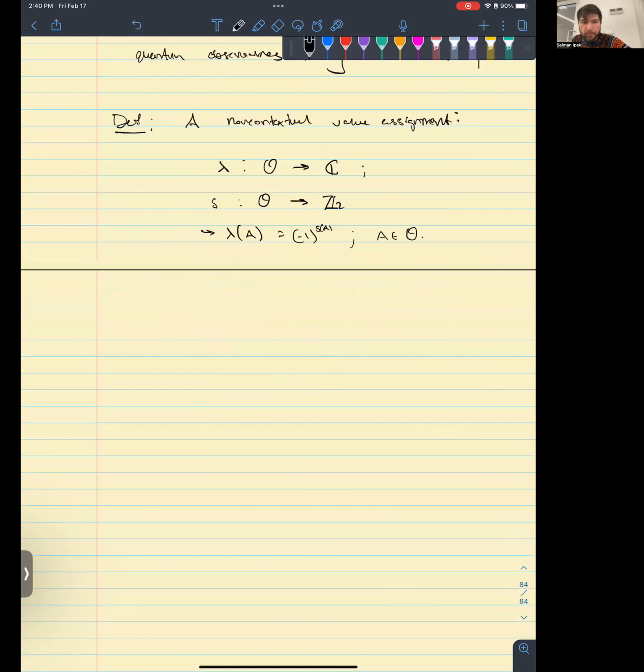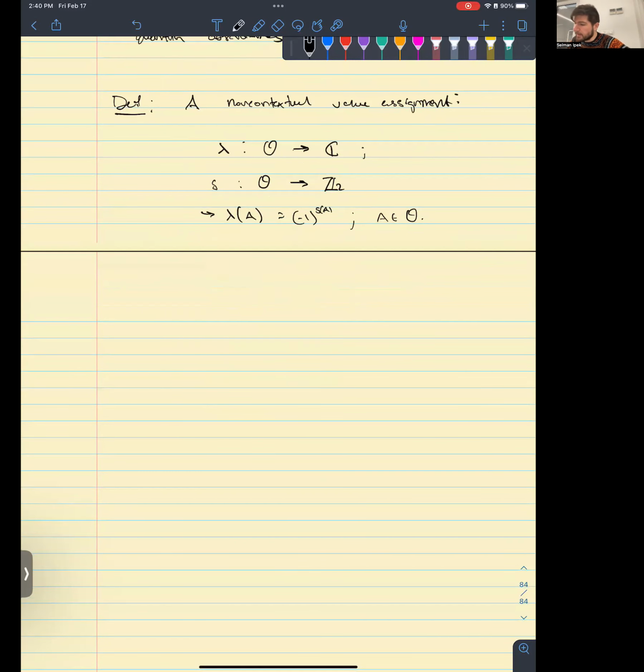An example of trying to impose a non-contextual value assignment can be seen from this example that Igor mentioned last time, which is the Mermin star.